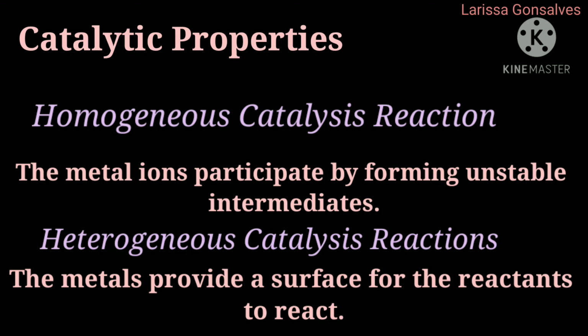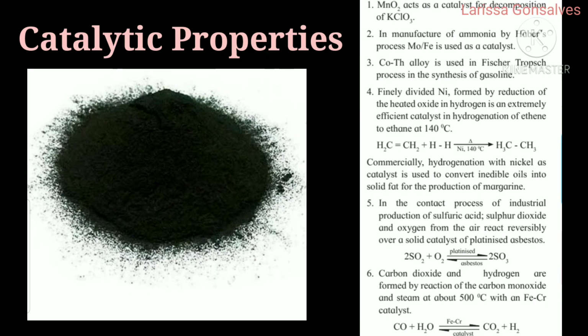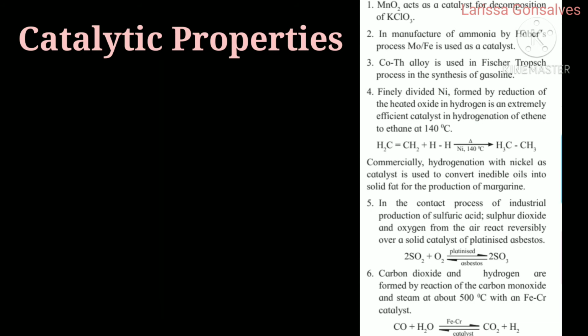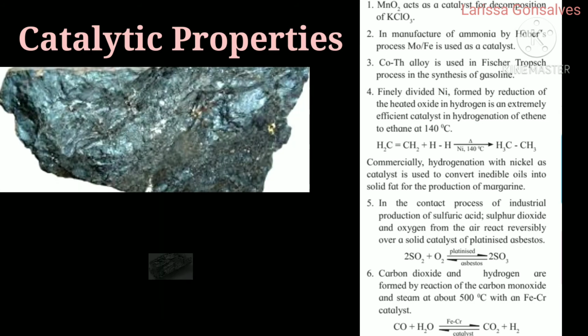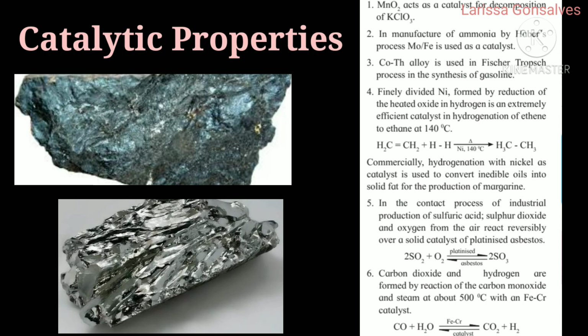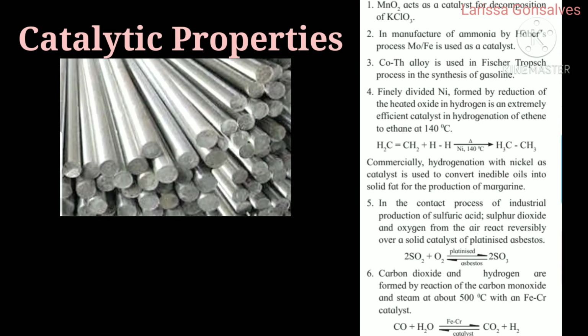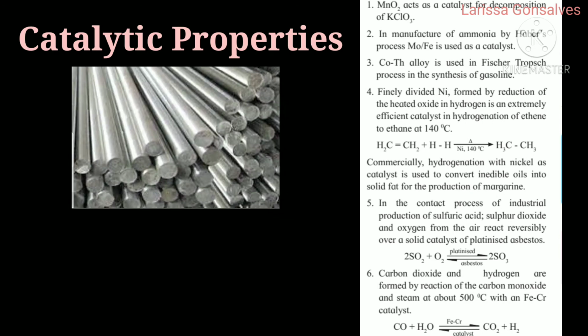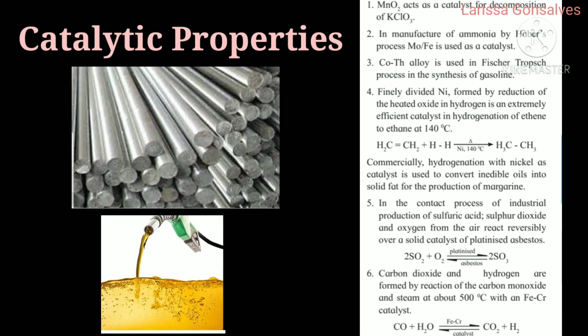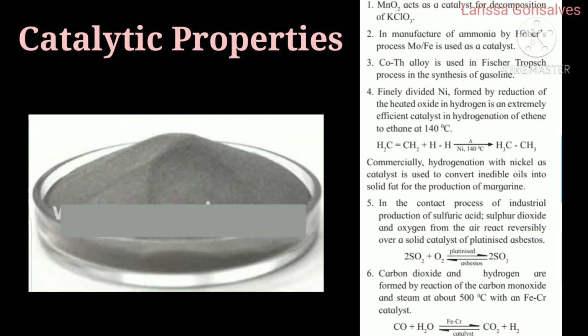Here are some examples. Manganese dioxide acts as a catalyst for the decomposition of potassium chlorate. In the production of ammonia by Haber's process, iron or molybdenum is used as a catalyst. Cobalt-thorium alloy is used in the Fischer-Tropsch process for the synthesis of gasoline. Finely divided nickel is used as a catalyst in the hydrogenation of ethene.